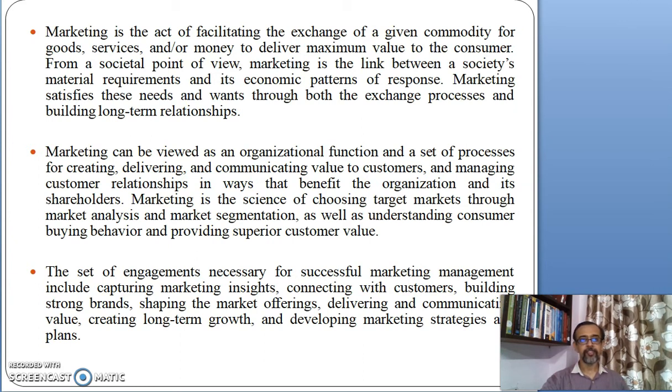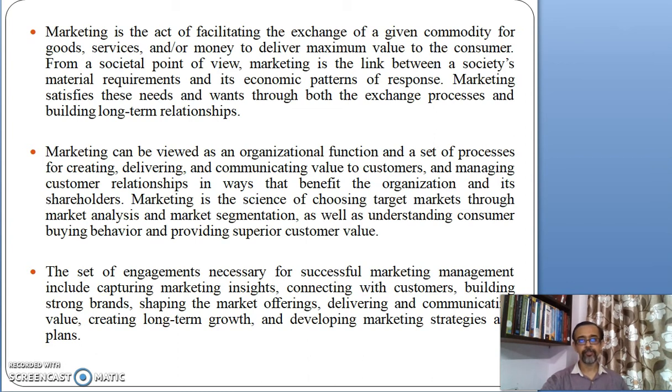It satisfies these needs and wants through both exchange process and builds long-term relationships. Marketing can be viewed as an organizational function and as a set of processes for creating, delivering, and communicating value to customers and managing customer relationships in ways that benefit the organization and its shareholders.